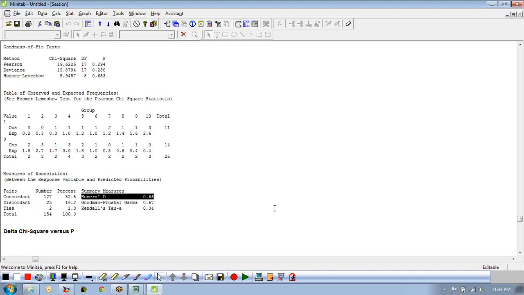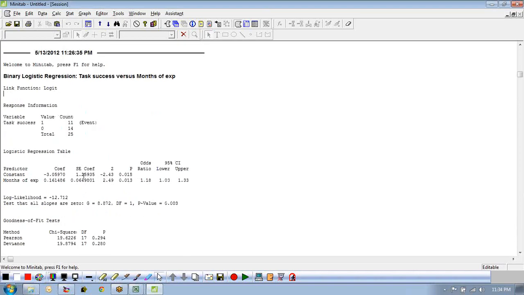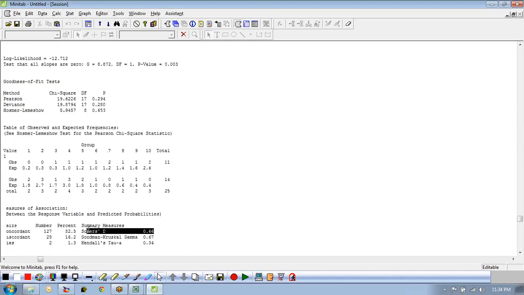That's very similar to an R squared in regression, where a high R squared has good predictive value. For Somers' D, the higher that is, the better. This is moderate. I'd probably want to improve that, but it's not terrible. If I had about 10% or 20%, I definitely would want to add more variables in to see if I could improve my prediction. So that's it. There's our model, and there's how good it is.